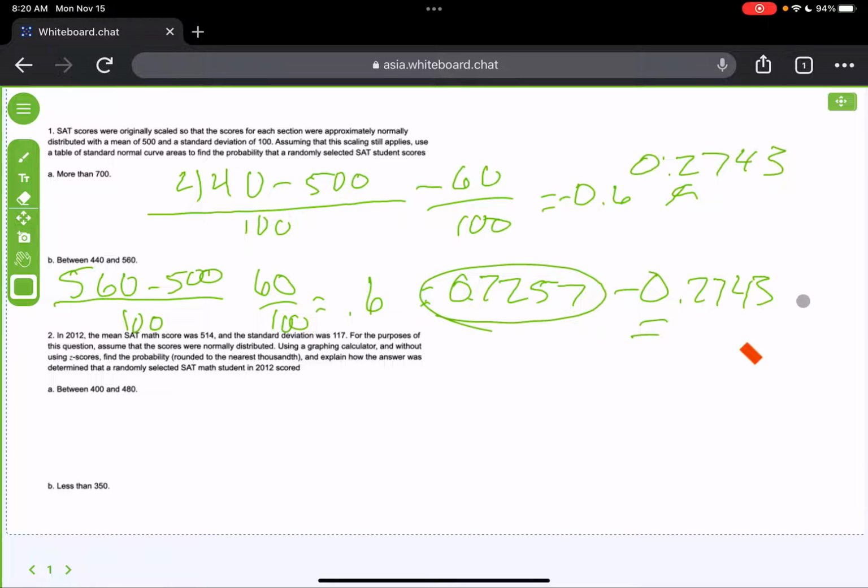There we go. 0.4514. Everybody got that? Alright.